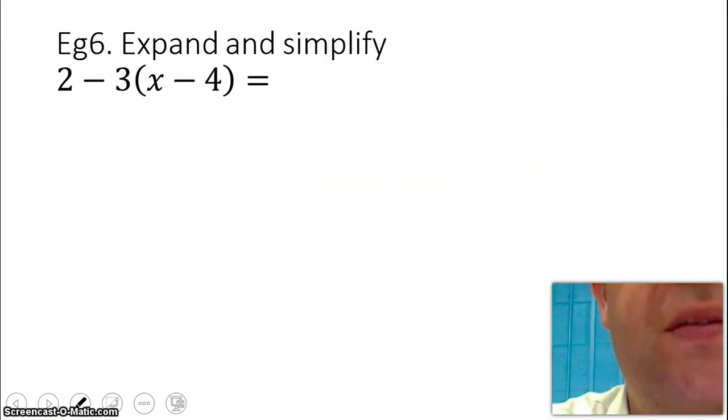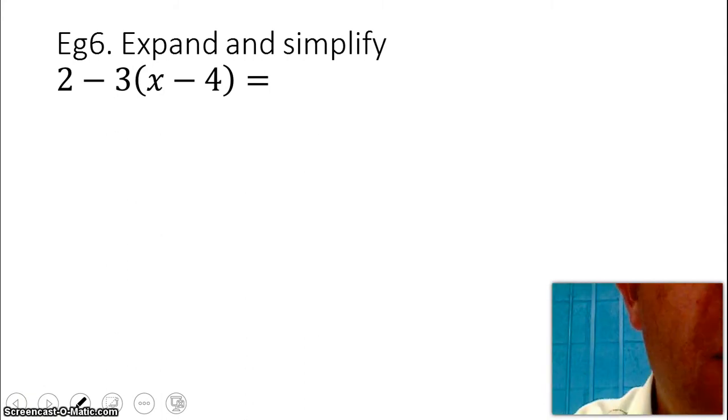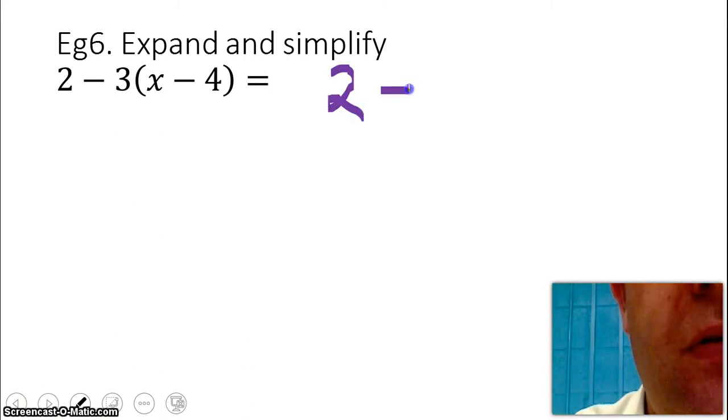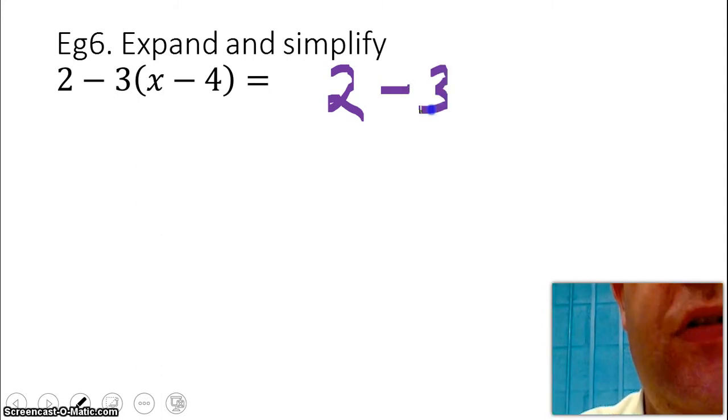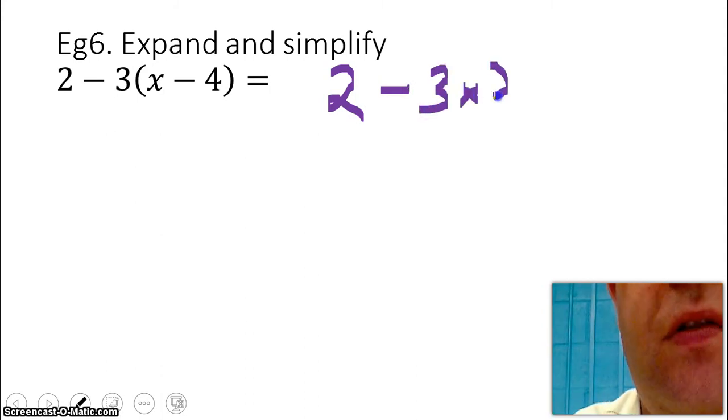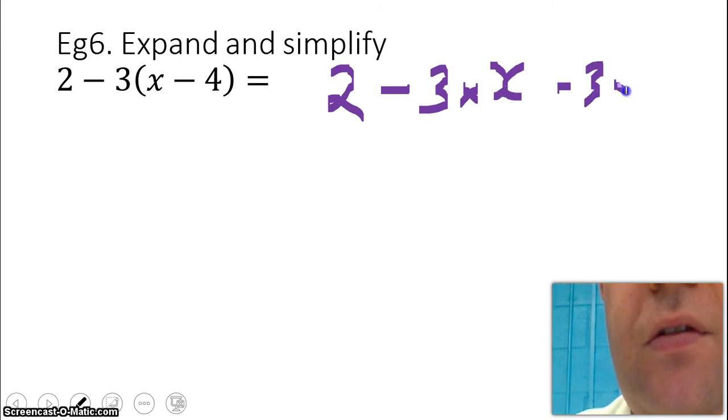In this next one, we've got to expand and then simplify. When we're expanding, we ignore the first part, we just write it down because it's not included in our expansion. We've got minus 3 times x, and minus 3 times minus 4.